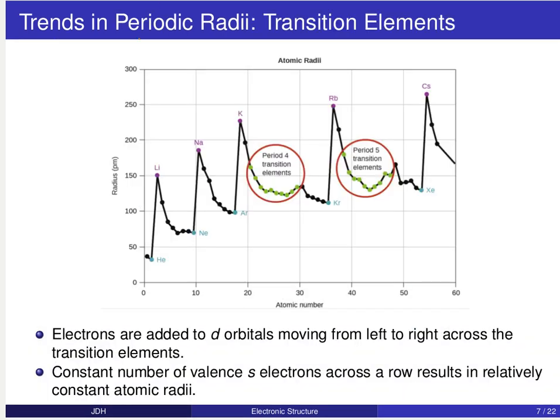If we plot this out so that we can monitor these trends more effectively, some of these anomalies show up a bit more. We can see that in the region of the transition elements, and I'll just make a note here, again, I don't want you to have to remember all the little squiggles, ups and downs. But notice that when you're moving across the d block elements, those transition metals, you are adding electrons to d orbitals, which have a constant number of valence s electrons.